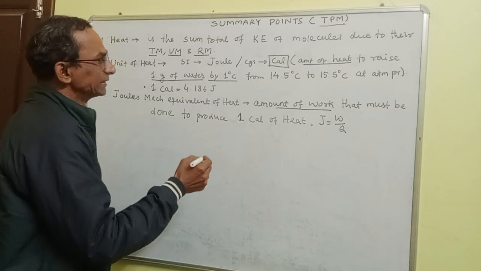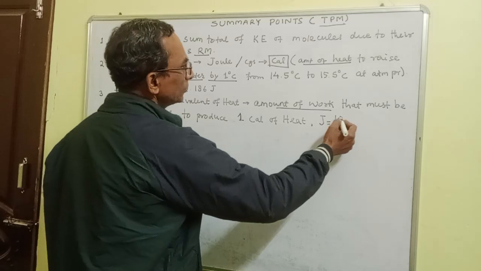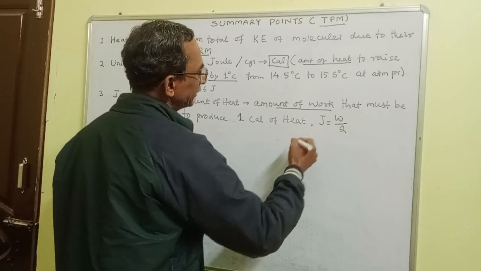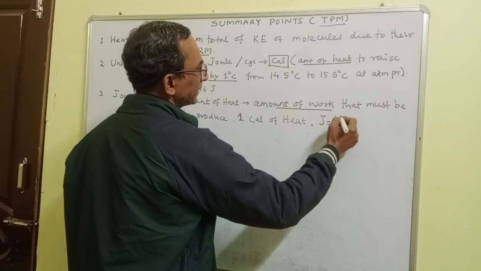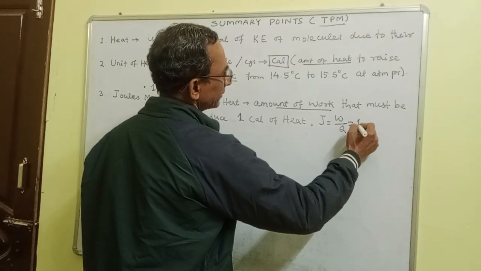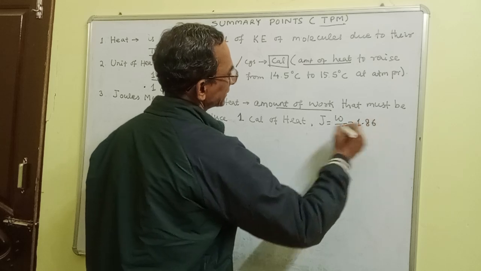वो कितना है, that is J is equal to W by Q, or work done by total heat, that is 4.186.